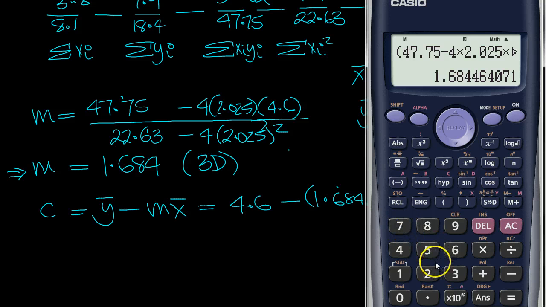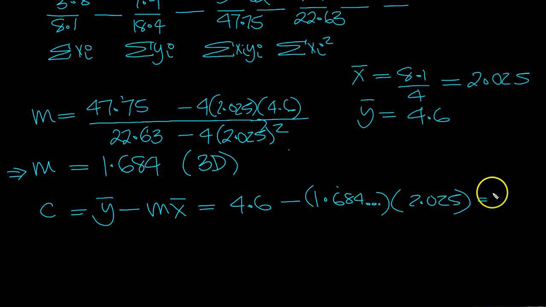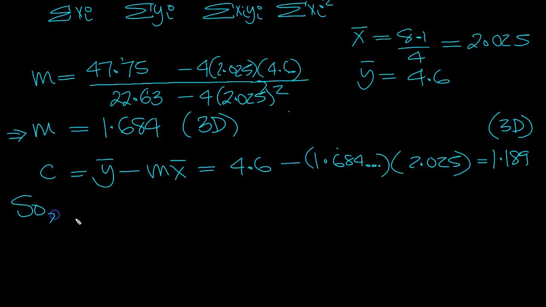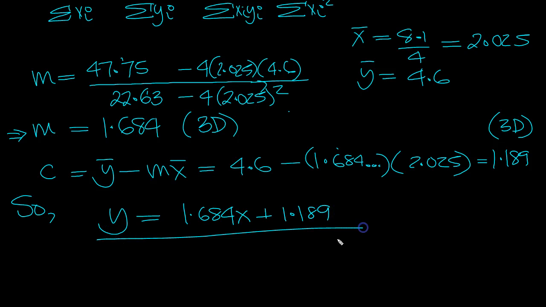The 1.684 accurately, so it's 4.6 minus that times the x bar, which was 2.025. 1.189, to 3 decimal places. Okay, so the best fit then is y equals 1.684x plus 1.189. That's the equation of the line there.